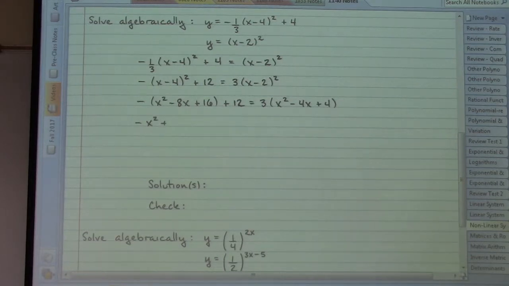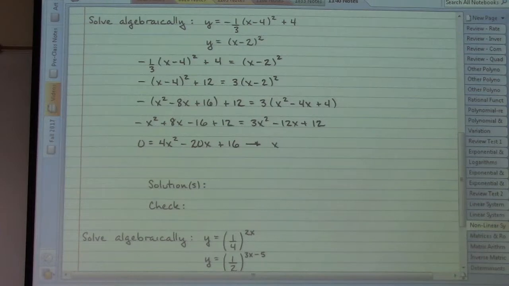Negative x squared plus 8x minus 16 plus a 12 equals 3x squared minus 12x plus 12. I'll go ahead and get everything over on the right hand side. So that means that I would have a 4x squared minus 20x and a plus 16, which I can actually transform by dividing through everything by 4.